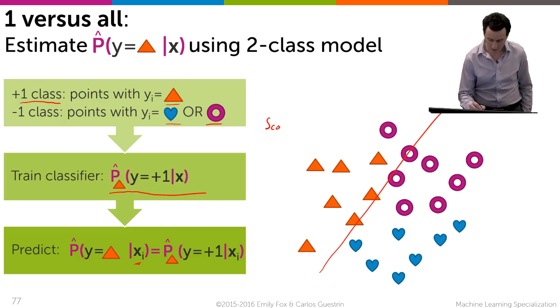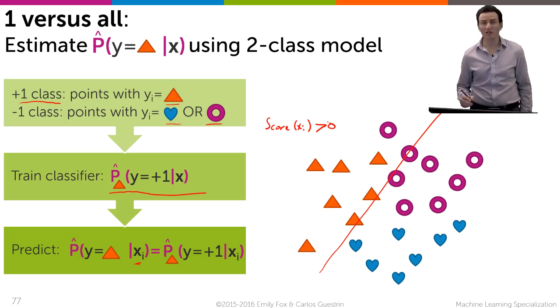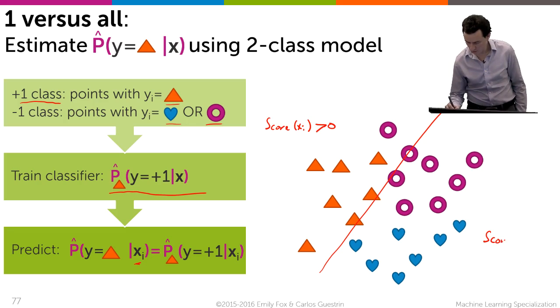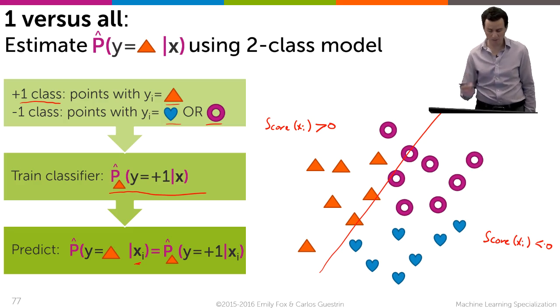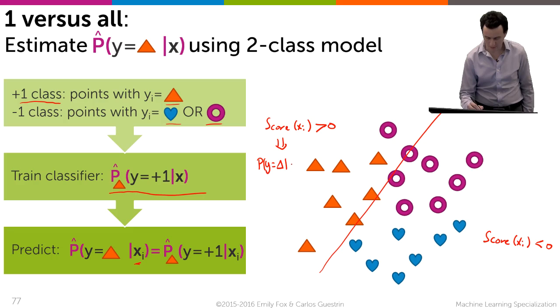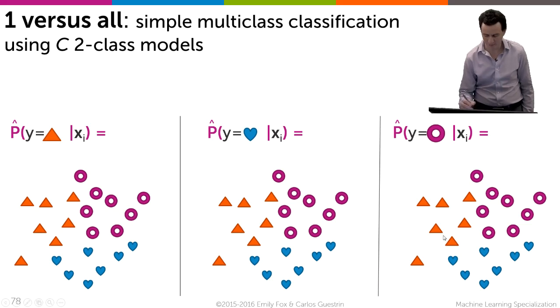It's going to assign score of xi to be greater than 0 on the triangle side, score of xi to be less than 0 on the donuts and heart side, hopefully, which is going to mean that on the triangle side, the probability that y is equal to triangle, given the input xi and the parameters w, is going to be greater than 0.5.